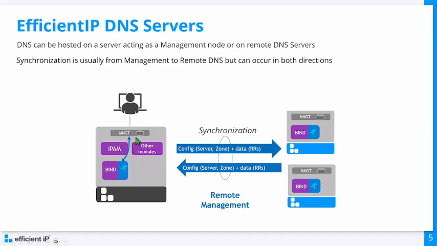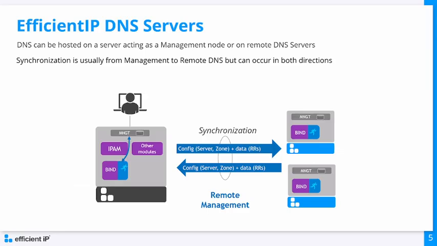So whatever configuration you do for DNS is maintained locally on the management server in the management database. The server configuration, the zone configuration, and the data configuration will be synchronized and pushed to the bind engine on the remote server, updating the config file on the bind server, because in bind the configuration is stored in a config file.